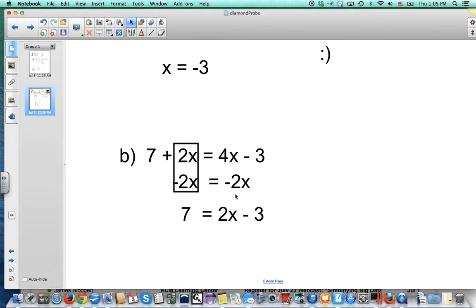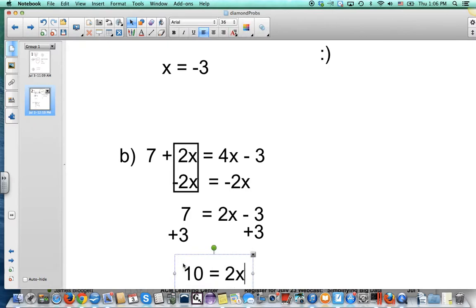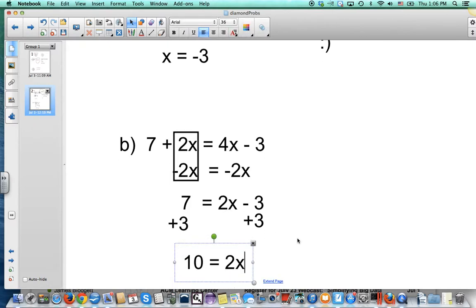So now 7 equals 2x minus 3, and I'm trying to solve for x. I'm going to add 3 this time to both sides, because negative 3 plus 3 is just 0. So now I have 10 equals 2x. Now I just think about it: 2 times what equals 10?